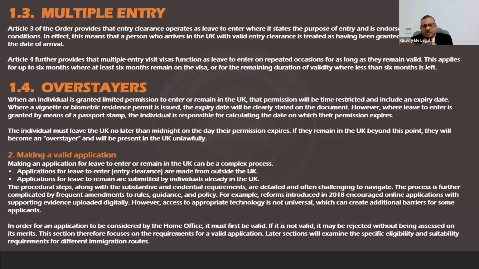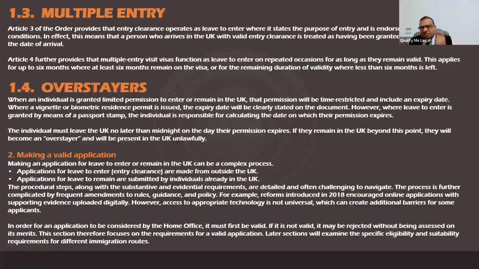When an individual is granted limited permission to enter or remain, that permission will be time restricted, and it will come with an expiry date. So when a vignette or biometric residence permit is issued, you normally see the date on it straight away. Normally you see the expiry of the visa on the letter which you have received.